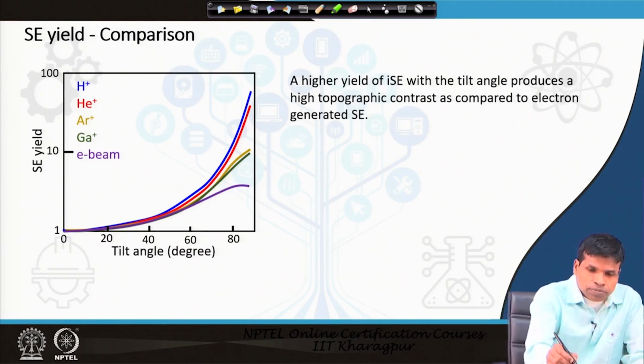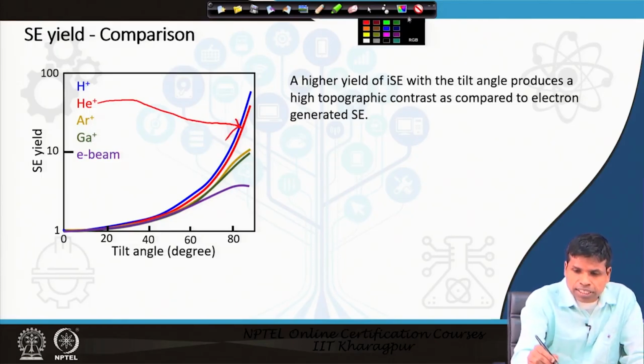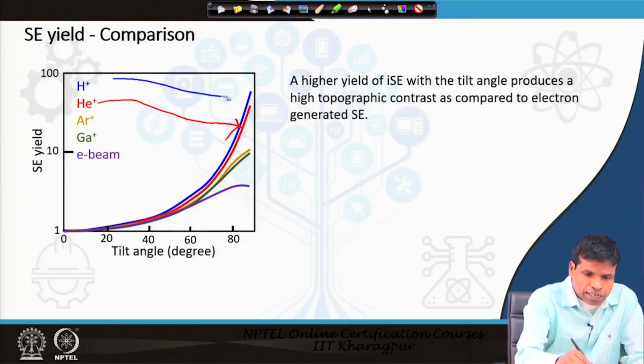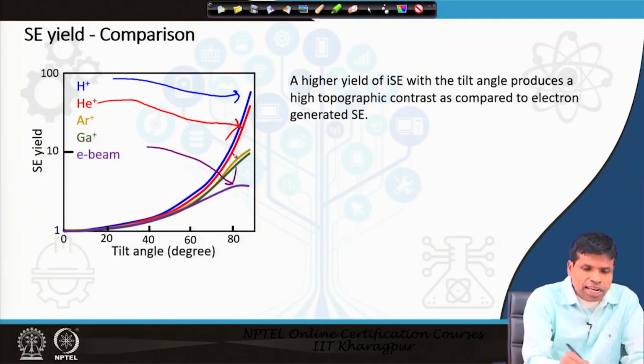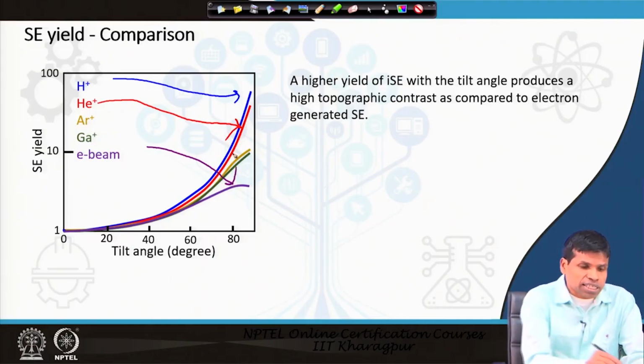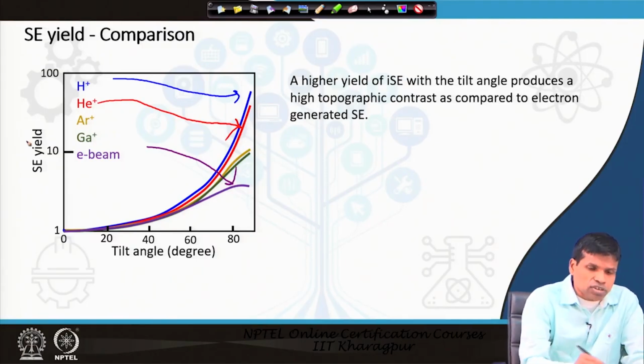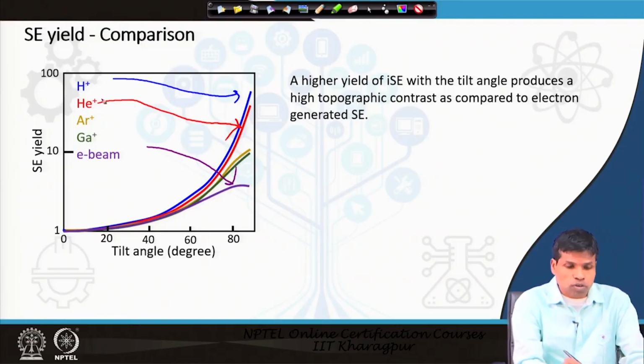You see here that with helium ions, the yield, this red one, increases quite a lot as we go higher, compared to the electron beam case. The secondary electron yield is much higher with helium ions as compared to the electron beam.